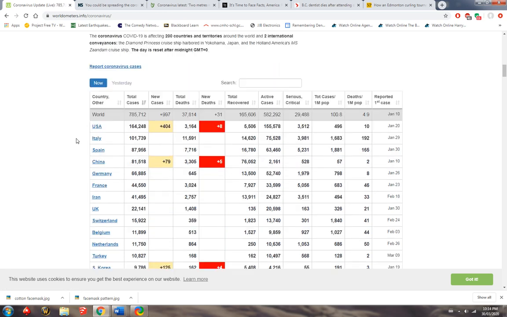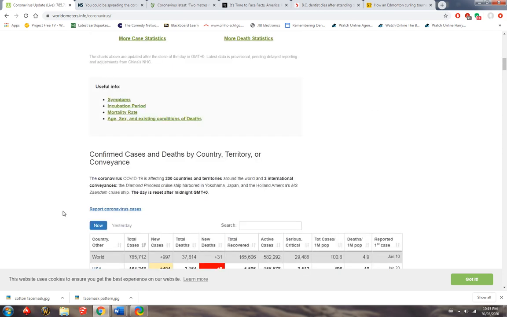I again would caution that keep in mind when comparing numbers from country to country that every country has slightly different reporting procedures as well as rather drastically different testing procedures as well as strategies for how to deal with the pandemic situation. So keep those in mind when doing any comparisons.